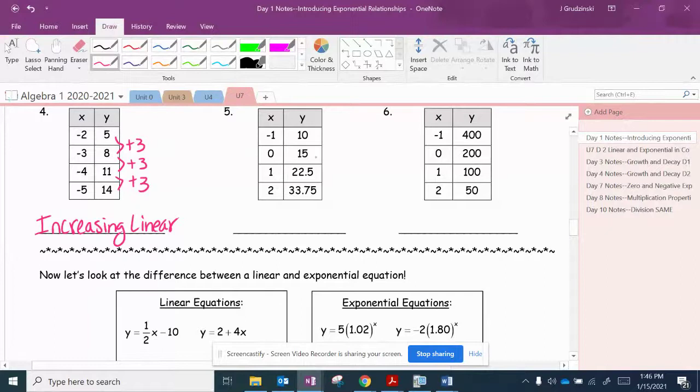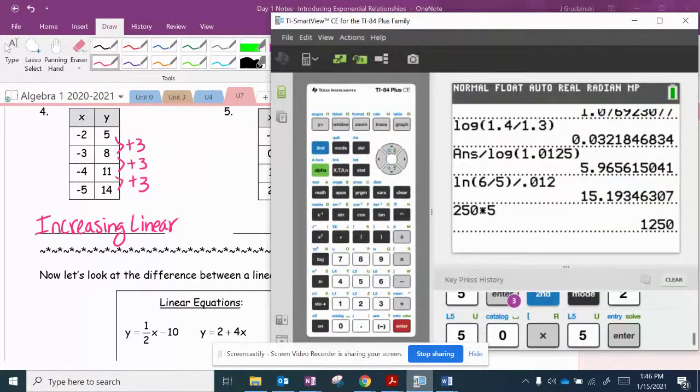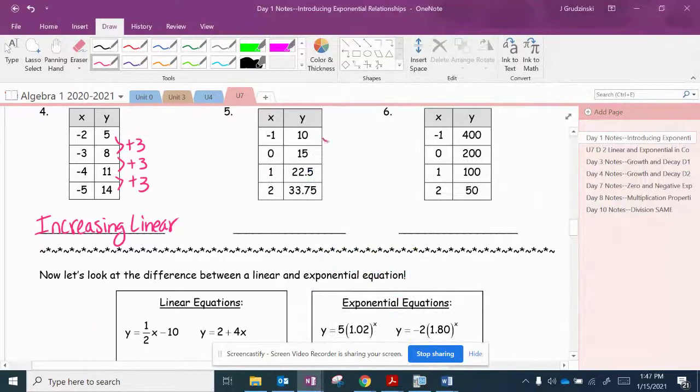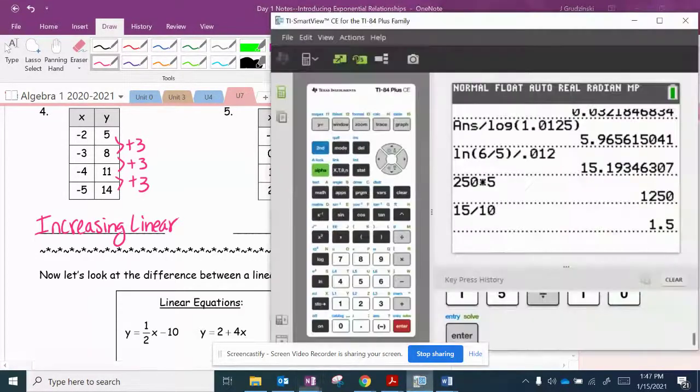If I look at 10 to 15, this looks like it might be multiplying, but maybe by a weird number. So I'm going to divide to figure out what it's multiplying by. So 15 divided by 10 is 1.5. So let's see if that pattern holds up. So I'm going to say this is times 1.5. Let's see if that works for 15.